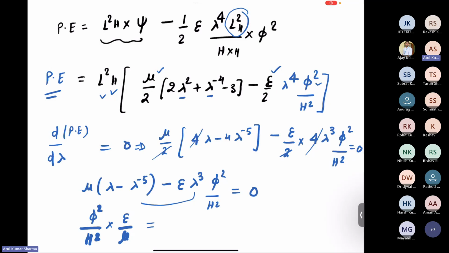I have taken all the known terms, which are phi, epsilon, h and mu, on the left hand side, and on the right hand side lambda cube will come over, so that will be lambda to the power minus 2 into lambda to the power minus 8.